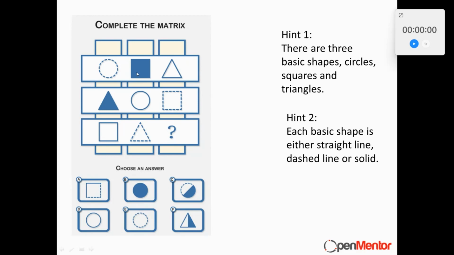I am trying to find out which one will suit. See, though there are all the three shapes, one of them is filled one. And there is one filled one here. One filled one, one ring, and one dotted. Now I have a ring, a dotted. Now it should be a filled one. So the answer is B. Excellent. Many of you found out that this is B.